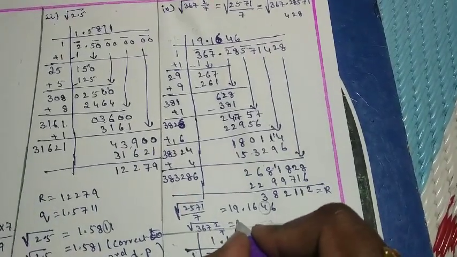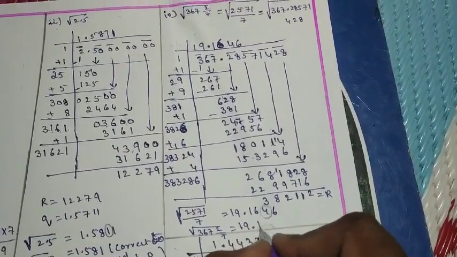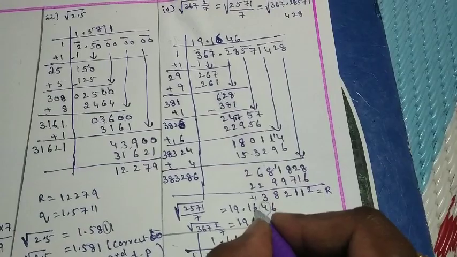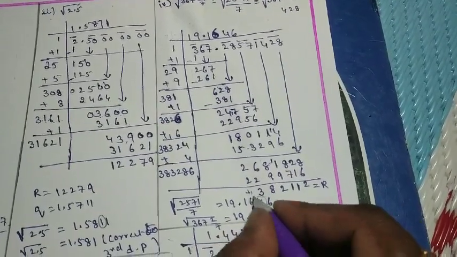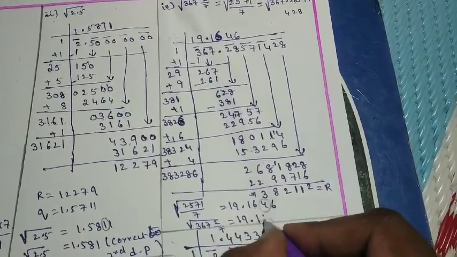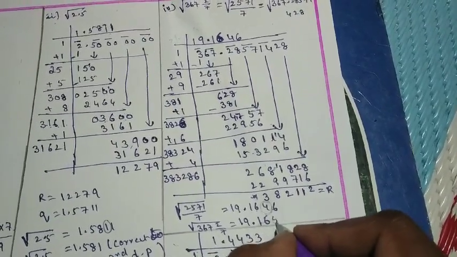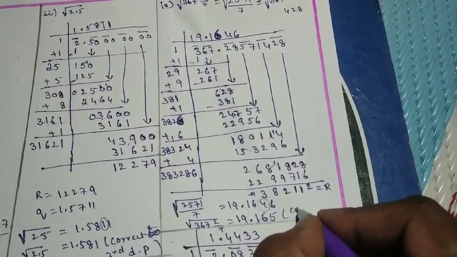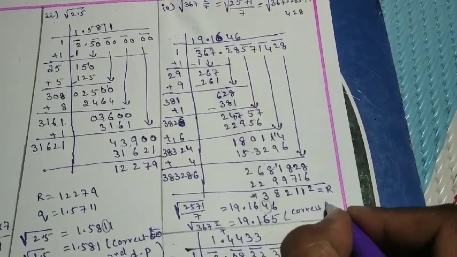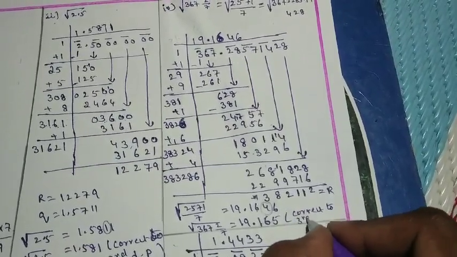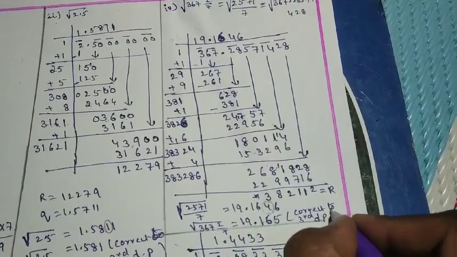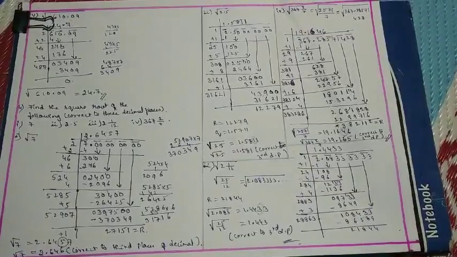So I can write it as 19.1, then plus 1, 6 plus 1, not here, we need to add here. So 19.16, 4 plus 1 is 5. So this is correct to the third decimal place as asked in the question, children.